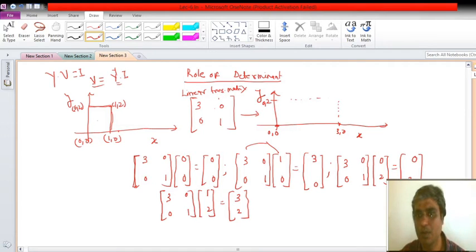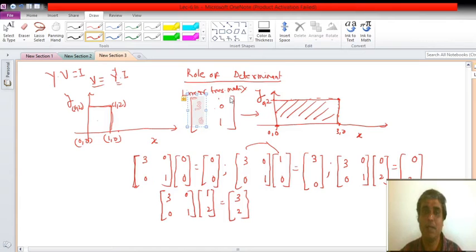Joining all the points gives some shape. This means that if I apply this linear transformation on the input signal, the resultant transformed signal looks like this.